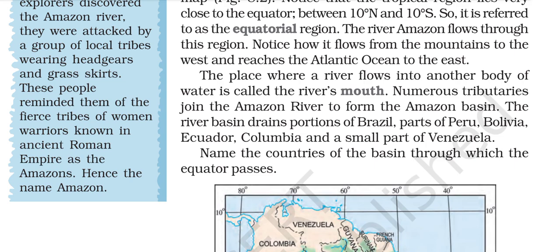For example, Yamuna is a river as well as Ganga is also a river. But the Yamuna river joins the Ganga river in Prayagraj. It means the Yamuna is a tributary of Ganga because it merges into that river.